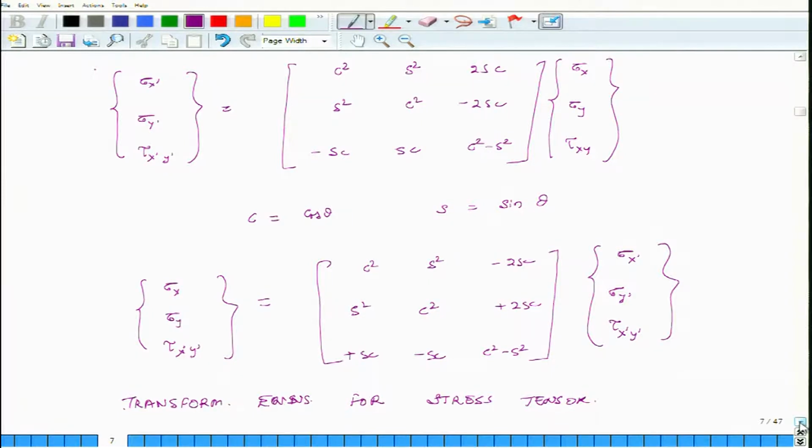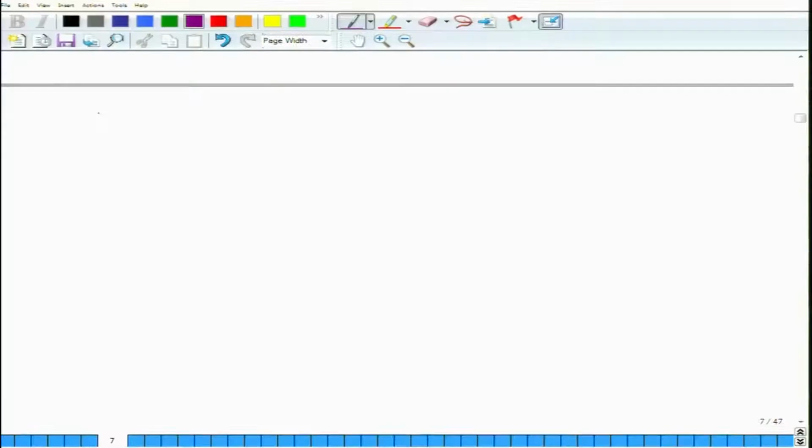In mathematics it does not matter when you transform a second order tensor from one Cartesian coordinate system to another, the transformation matrix is the same. So, the equations for transforming strains are also the same. Again, for strains the transformation equations do not change.